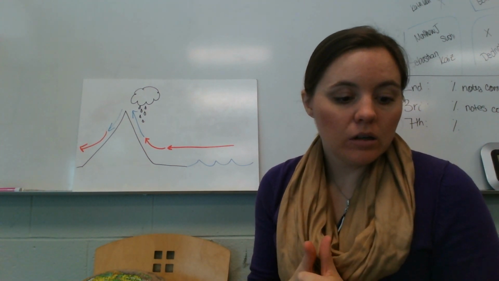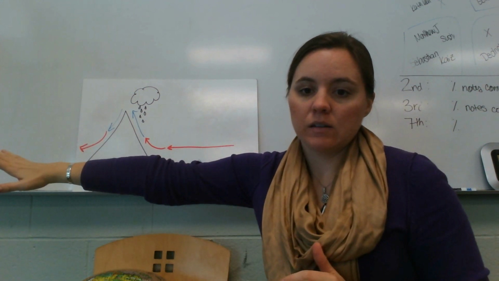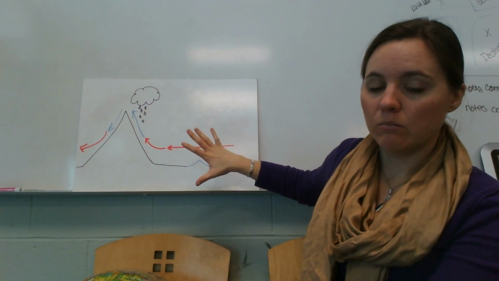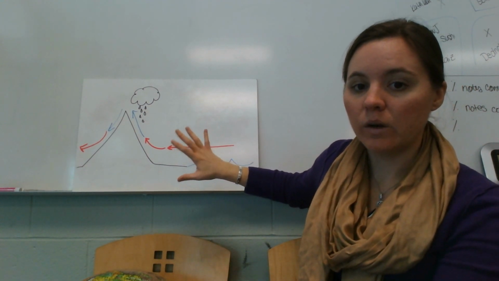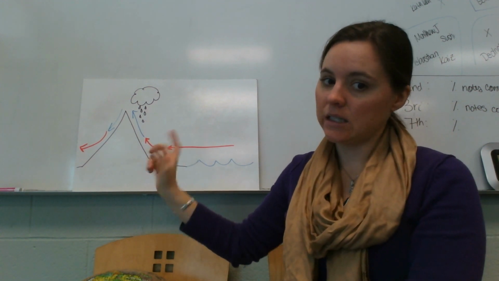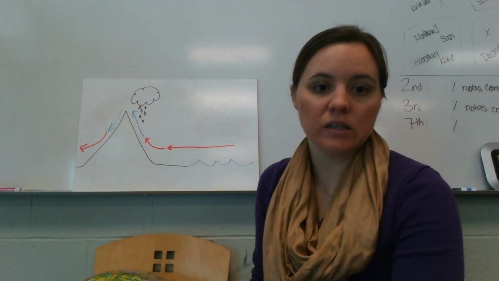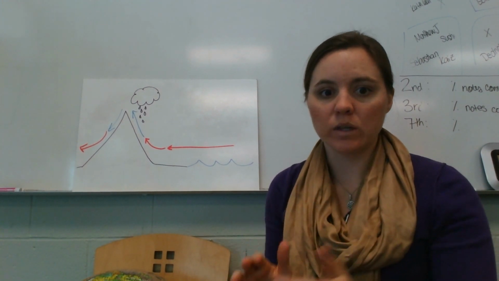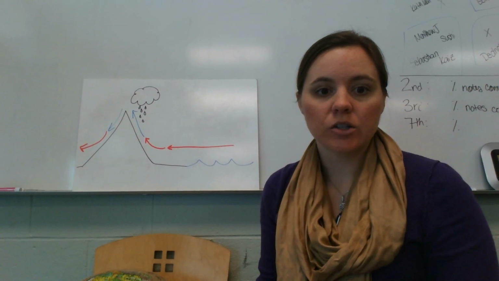So we have more arid climates on the leeward side of mountains, more moist climates on the windward side of mountains. And it doesn't matter whether it's west to east, east to west, or north to south. It just depends on which way the mountain range is, where the body of water is, and what the prevailing winds are as to how the climate's going to turn out.